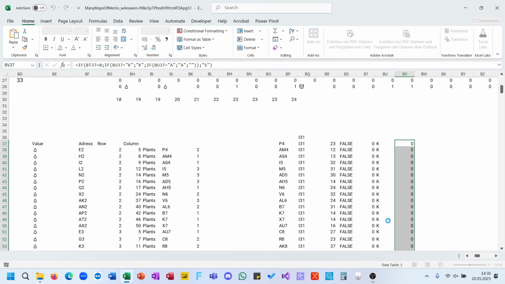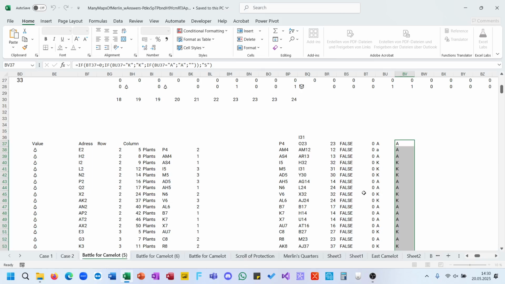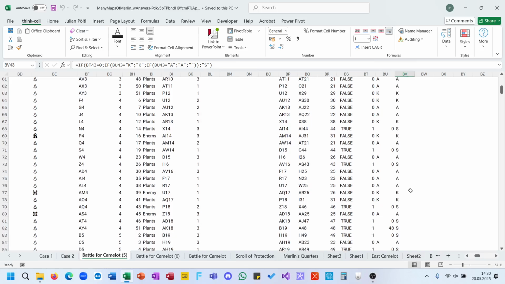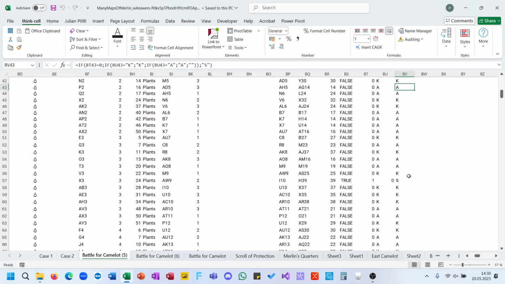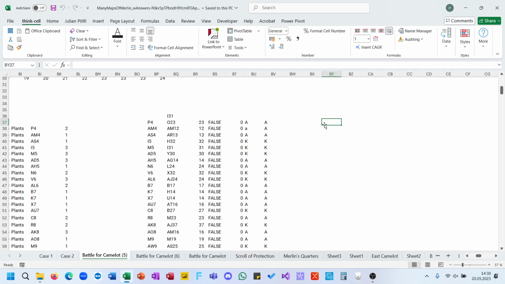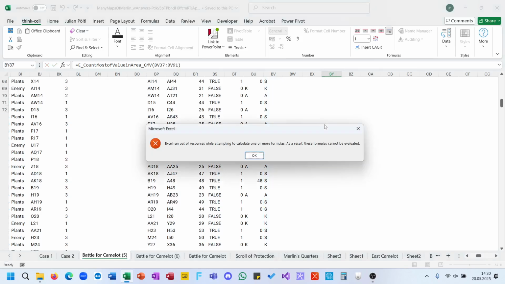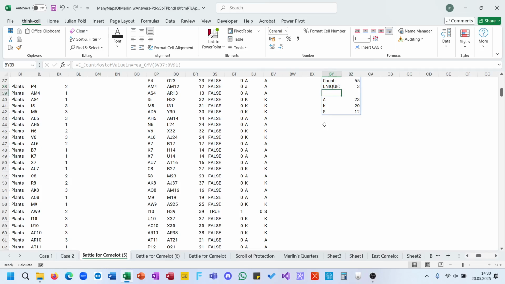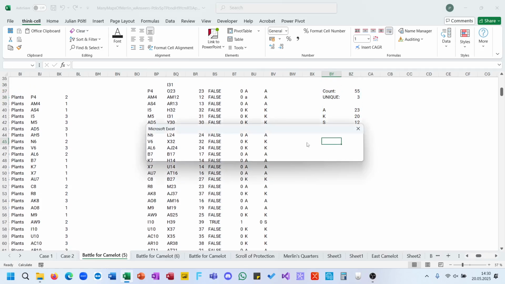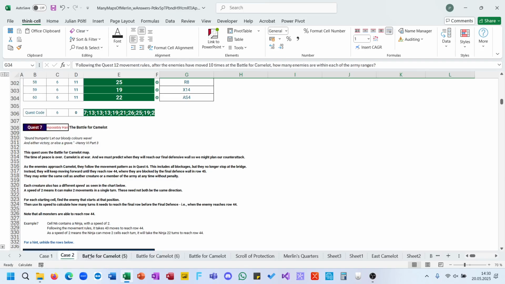And then I use CMV on this range here, and hopefully we'll get the same answers. CMV. Yeah, it's gone.